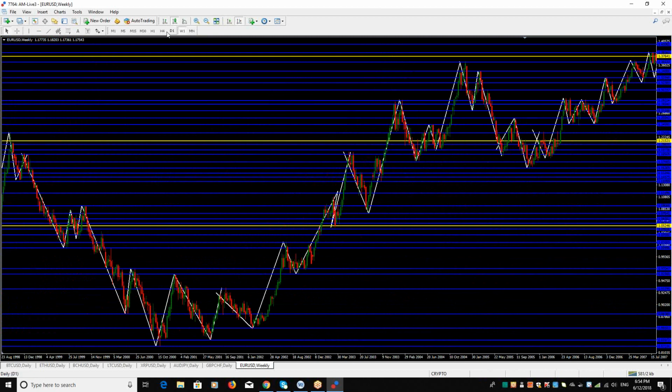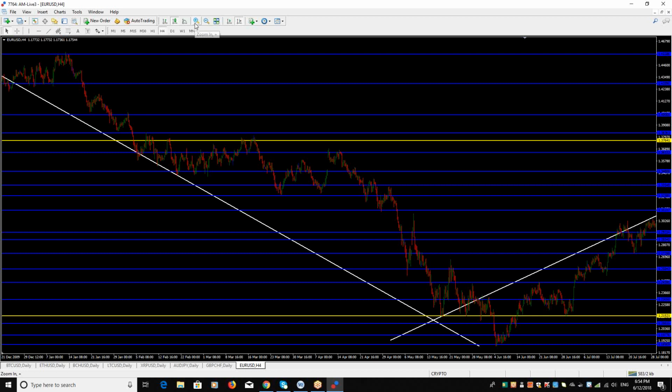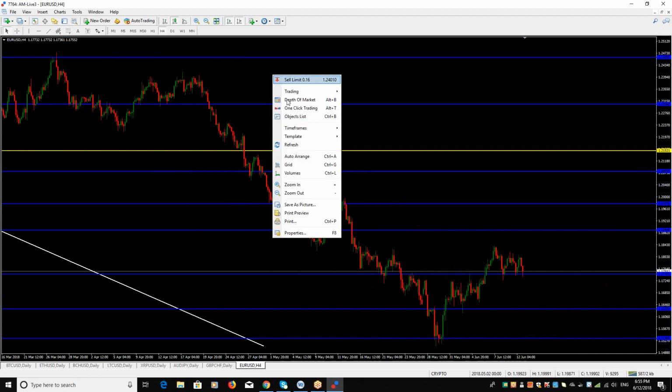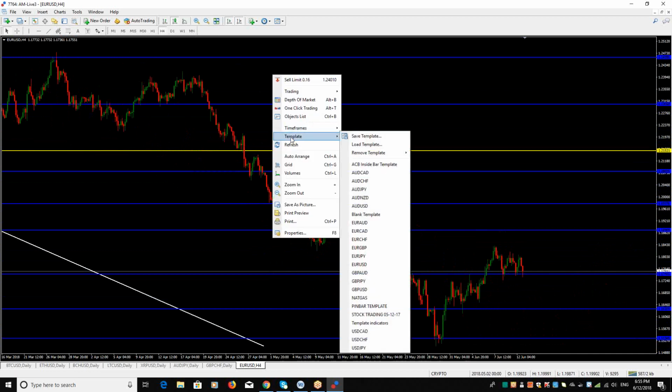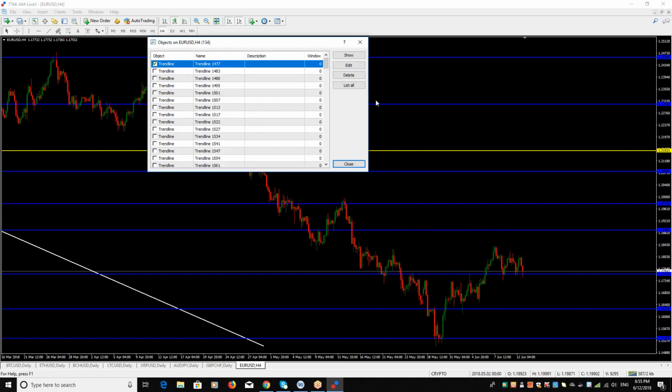Okay, so this is where we are now. So we're on the 4 hour chart. Now it all depends on which chart you're looking to trade on. Now we're just gonna get rid of the trend lines. Okay.